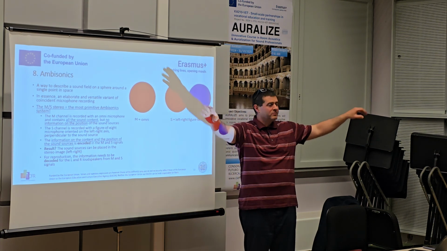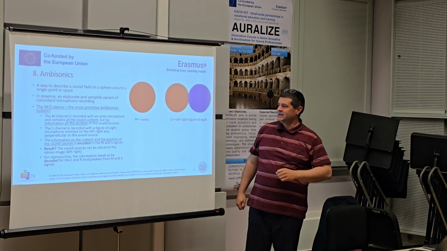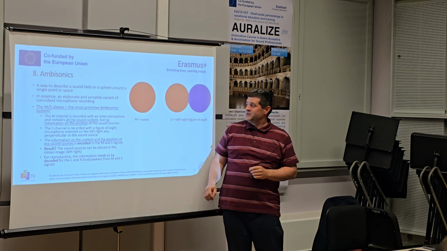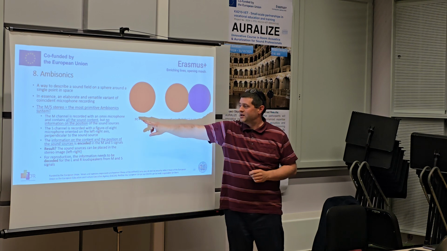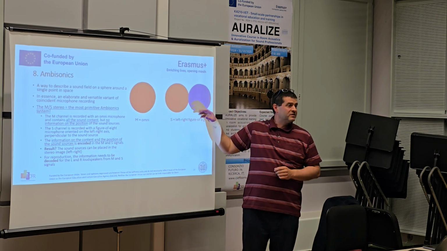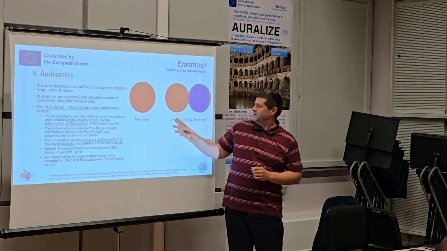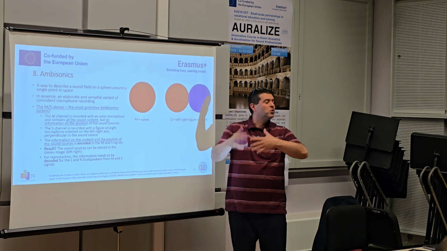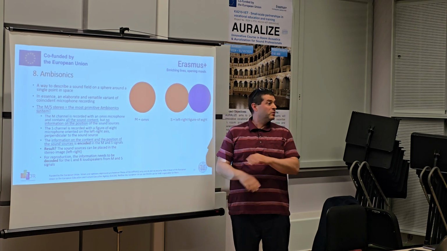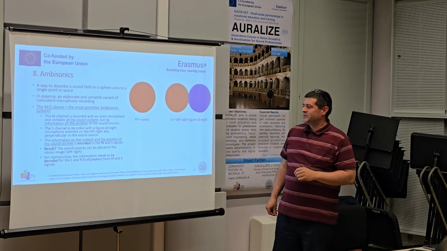So to reproduce it to your two loudspeakers, you need to decode it. You remember how we did it. To get the left channel, we simply added up this and this, M plus S. To get the right one, we subtracted S from M, so M minus S. So this was decoding for MS stereo, the most simple one you can possibly imagine.